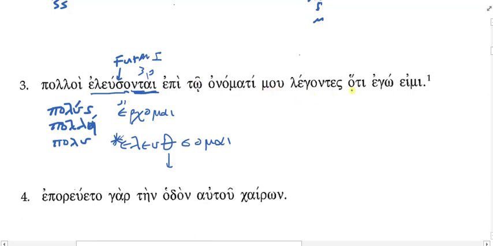Okay, legontes. Now there's my nt. That tells you it's what kind of verb form? An active what? That's right. It's an active participle. It's using the present stem. So we'll call it a present active participle or a present stem active participle. And then the es tells you it's what case, gender, number.